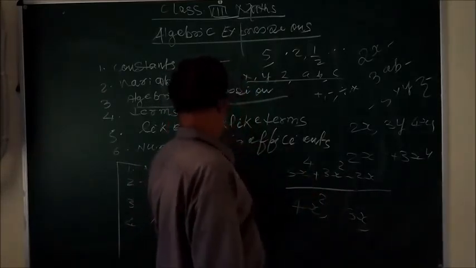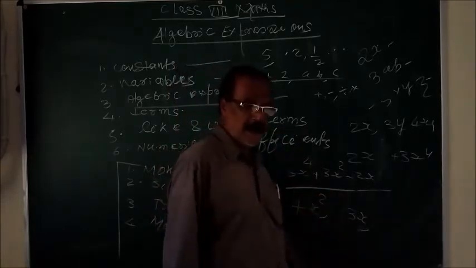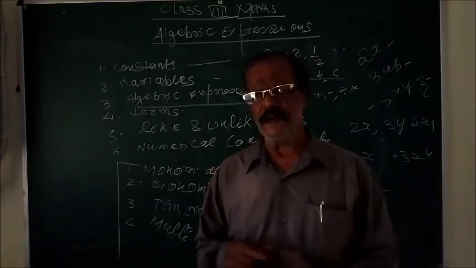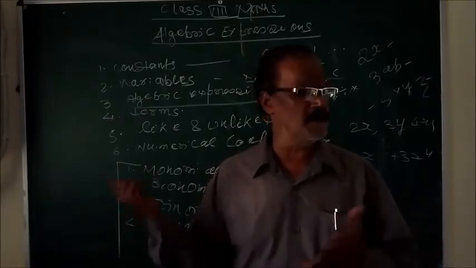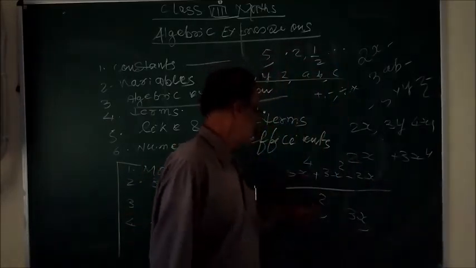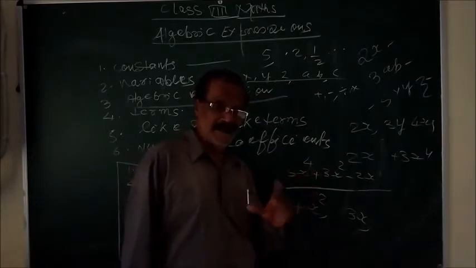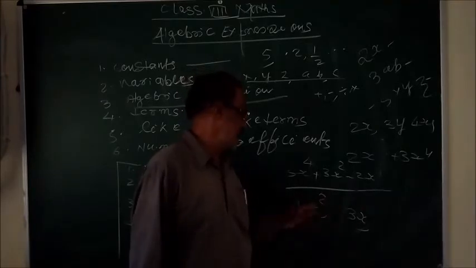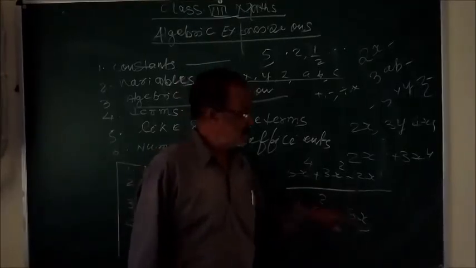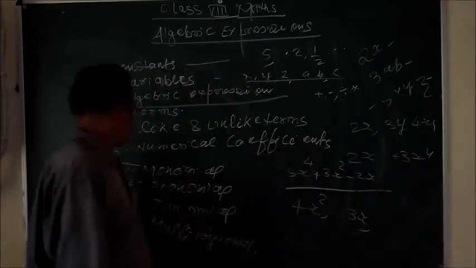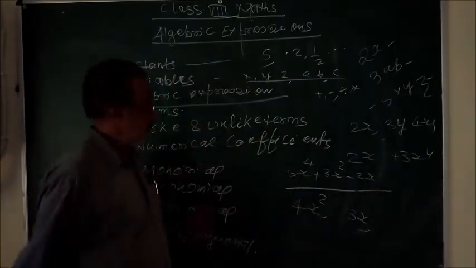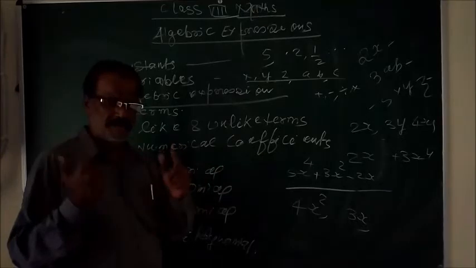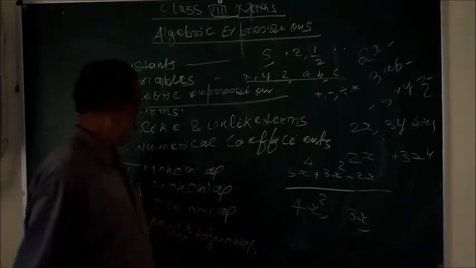The numerical coefficient may differ. It is not necessary that the coefficient should be 5 or 10. But one important thing is the variable should be the same and the power of the variable should be the same. If the expressions have the same variable and same degree, they are like terms, otherwise unlike terms. Numerical coefficient I have just explained: the constant term put before the variable is called the numerical coefficient.